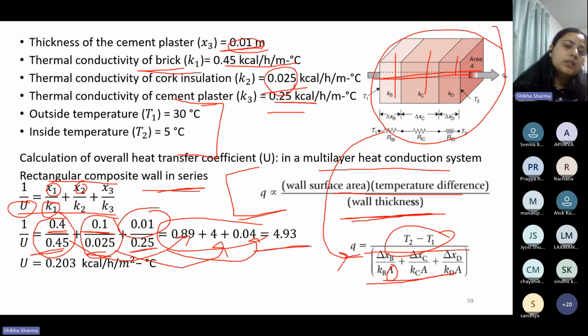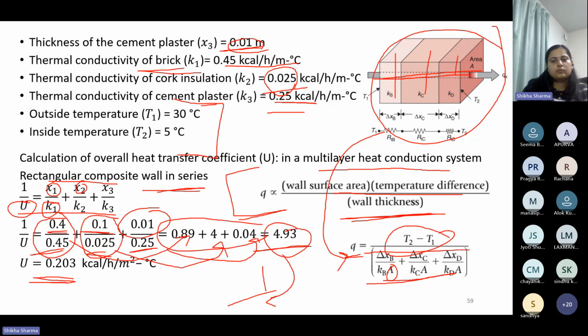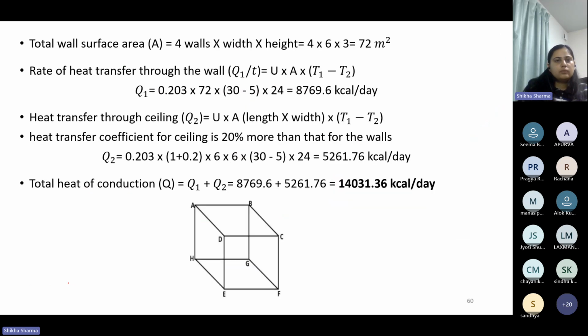So this is 1 upon U value. So U will be 1 upon this value, right? 4.93. So it will be 0.203. Now this is our unit, CA or MA unit.